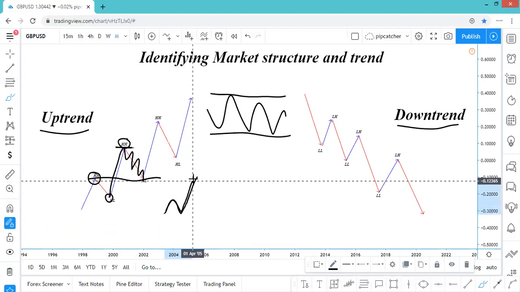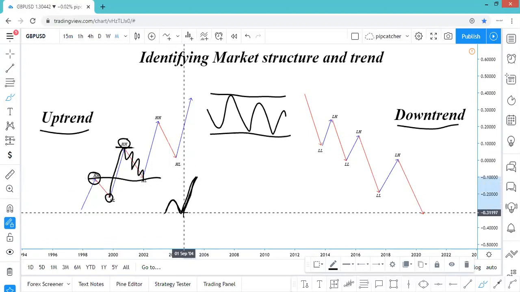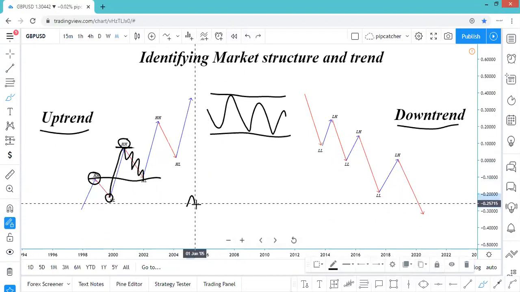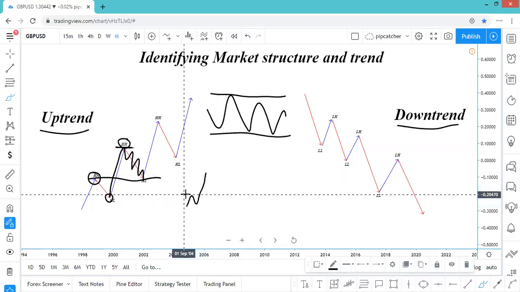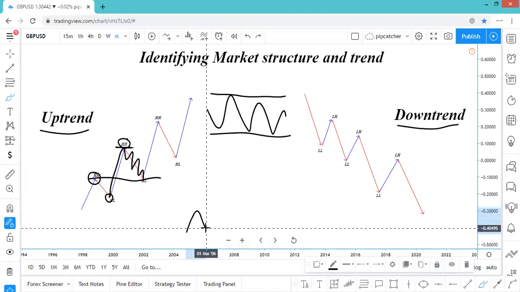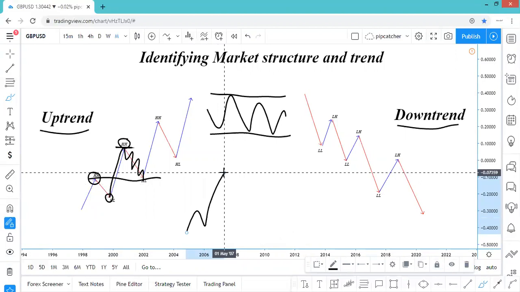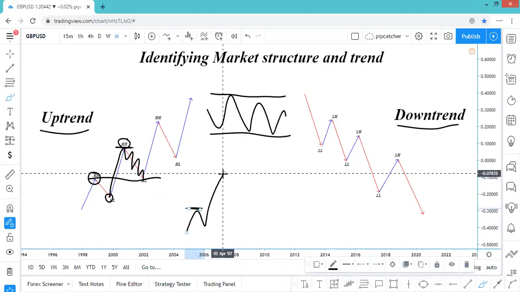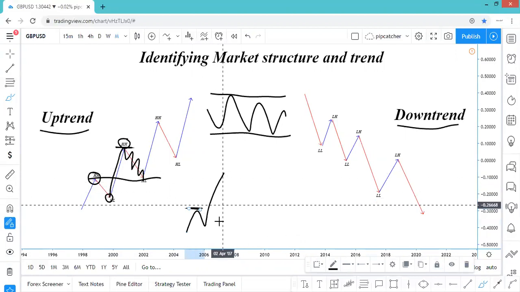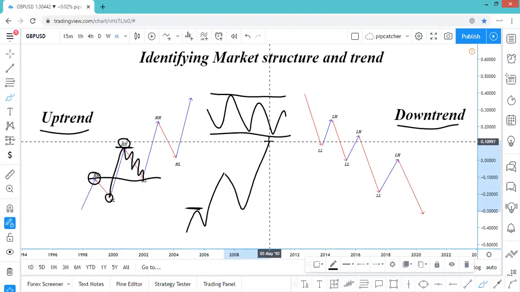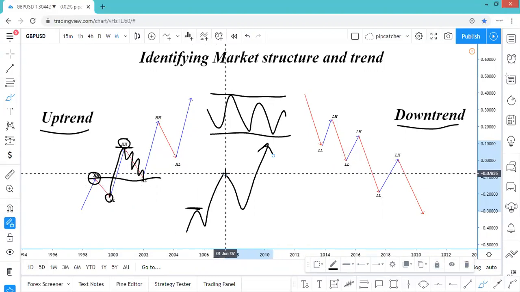So the market usually tends to retest points of liquidity that were broken. So this high right here got broken on the higher time frames. Let me make this bigger. So this high got broken right here on higher time frames. And then what you'll see essentially is a retracement and then a trade back to the upside.